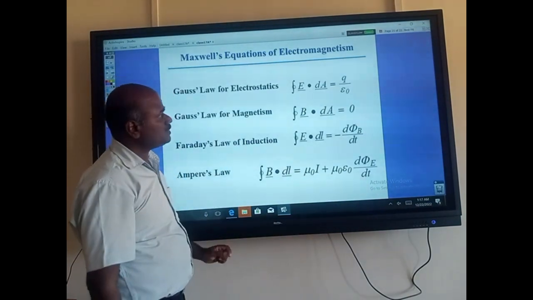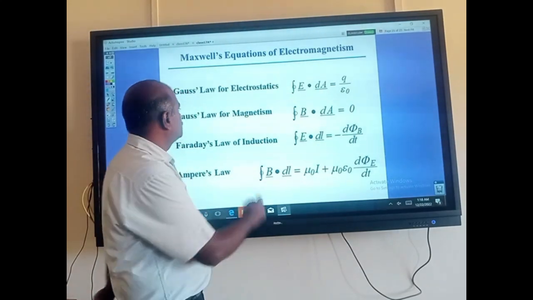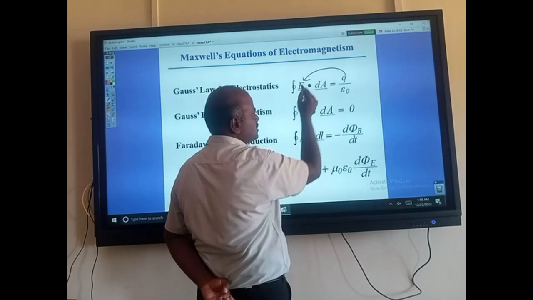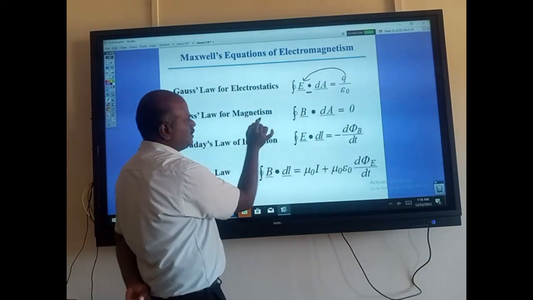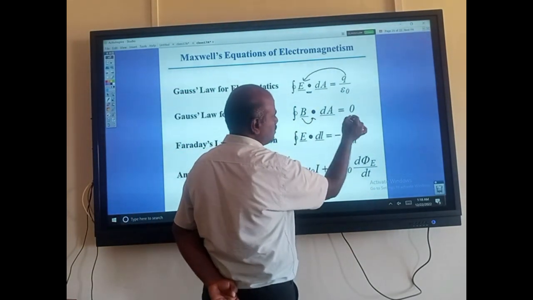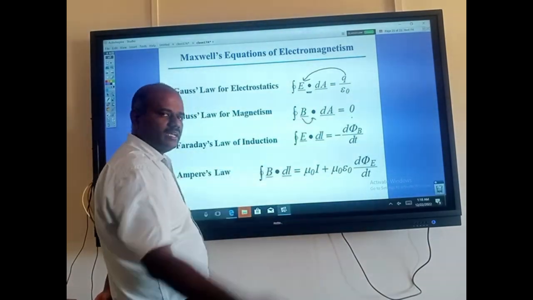Next, finally we come to all four Maxwell's equations. Gauss law for electrostatics: any charge creates an electric field that is diverging in nature. Then Gauss law for magnetism: divergence of the magnetic field is not possible, so it is 0. The magnetic field can only curl, it cannot diverge.